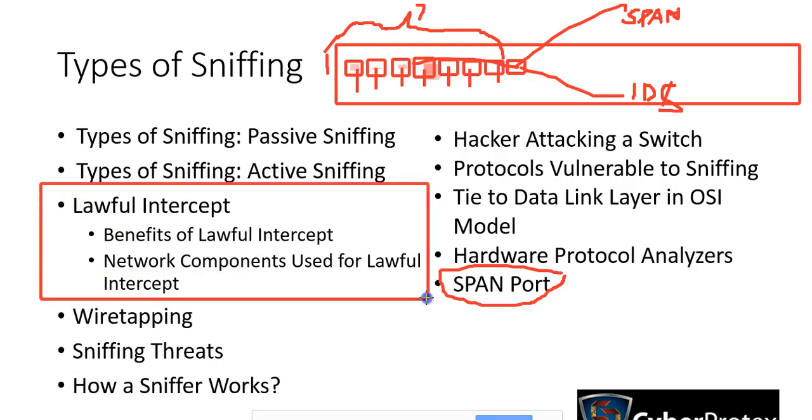It would lawfully intercept and then take it out of the span port, and through an FPGA, which you can look up if you don't know what that is, it would take the data and push it out another plane with little to no latency as it monitored and looked at specific things that were coming across the wire. So we could actually have some fun and do a couple things.